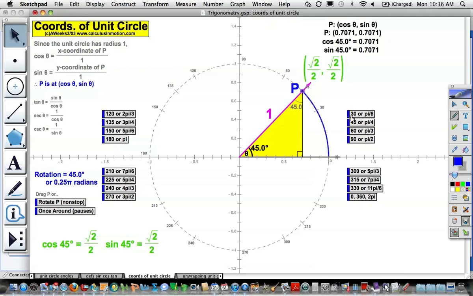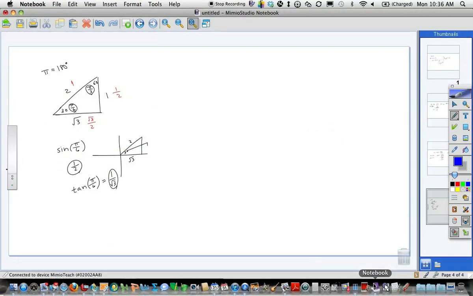Okay. Pi fourth, okay, at 45, root 2 over 2. That's because in a 45 triangle, it's isosceles, and so these two sides are the same. That's the other triangle you'll have to remember. Okay? So a 45, which for us is pi fourth. Okay?